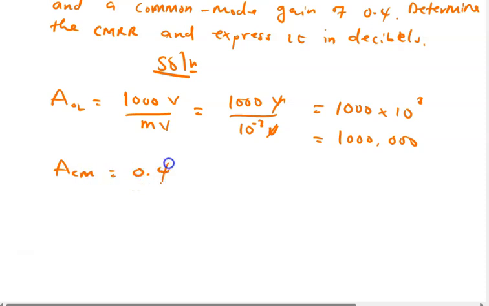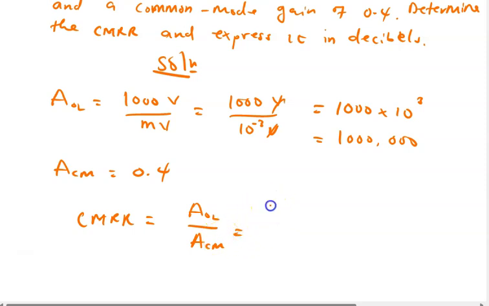So in that case, the CMRR is simply going to be AOL divided by ACM. Do you get it? So what do we have here?